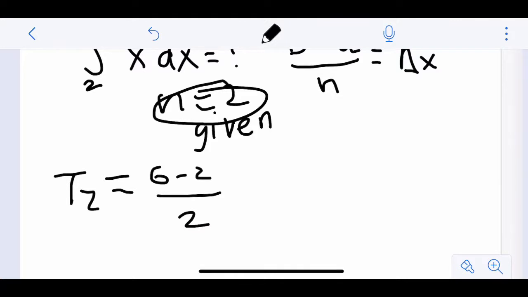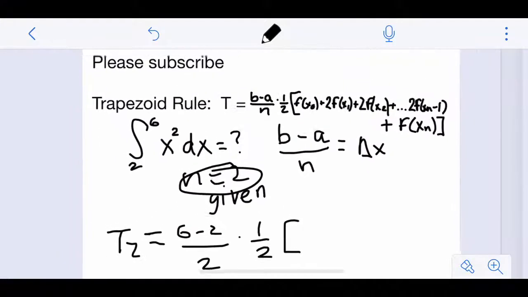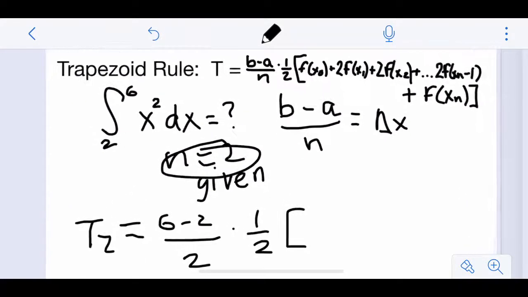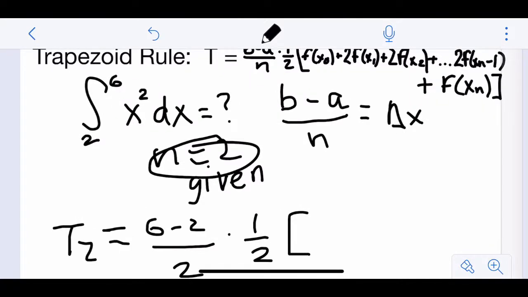Times the first value inserted, x, which is 2, because we start with the first bound, which is 2, and you don't multiply that by any other number. We multiply that by 1 because it's our initial value. And remember, 2 is our change of x.